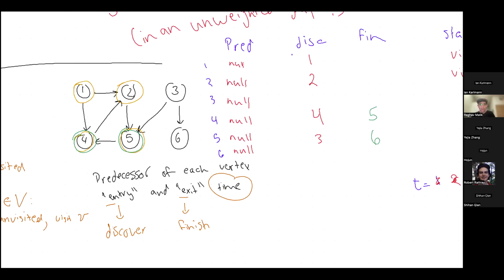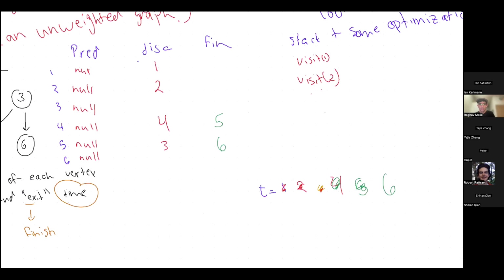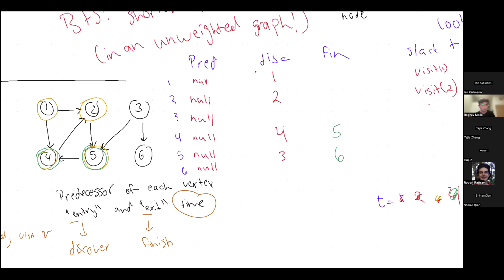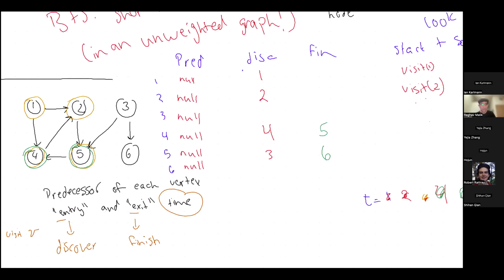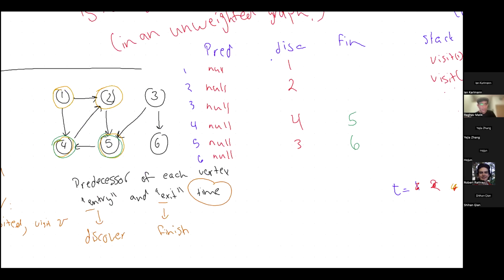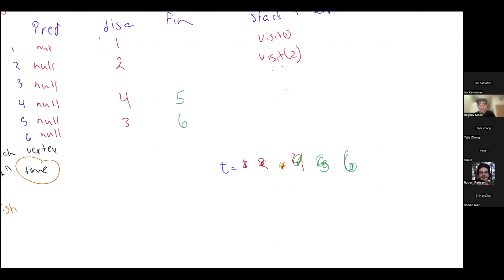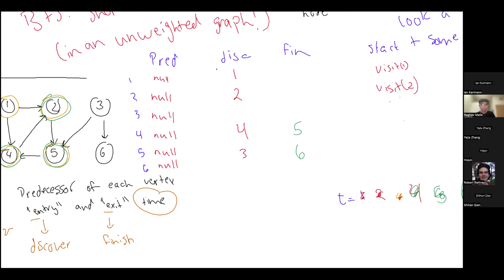Now I look at 2. There are no more outgoing edges, so I'm done dealing with it. I circle it in green to mark it as finished, increment the time, and set the finish time.